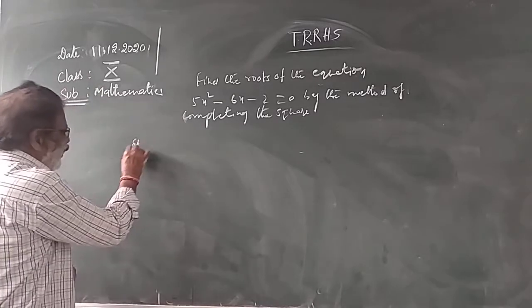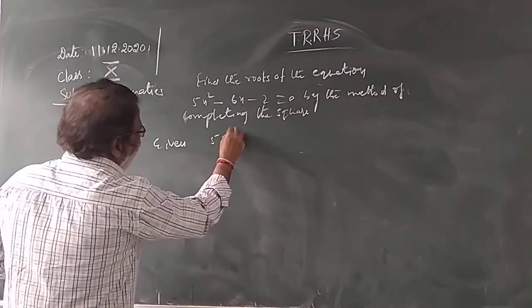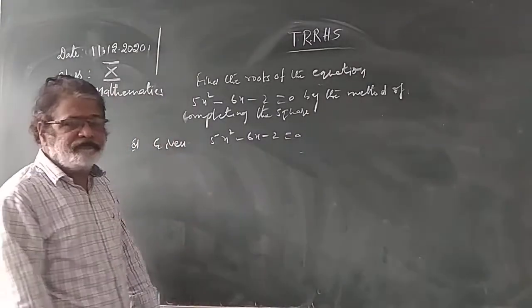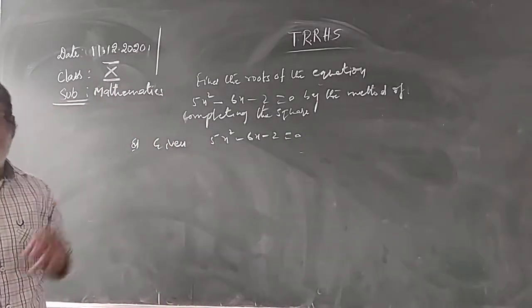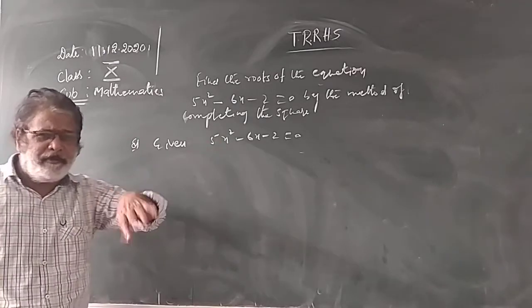The given quadratic equation is 5x² − 6x − 2 = 0. See, is the x² coefficient a perfect square or not? We know that if the power is an even number, it is a perfect square.